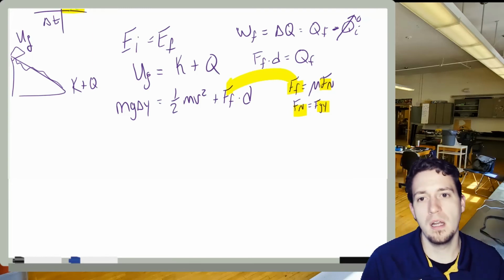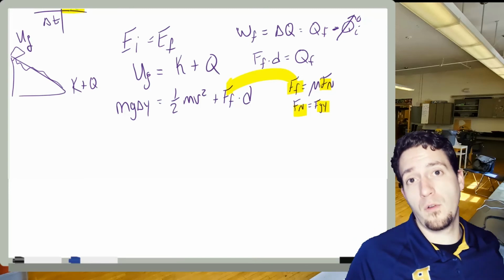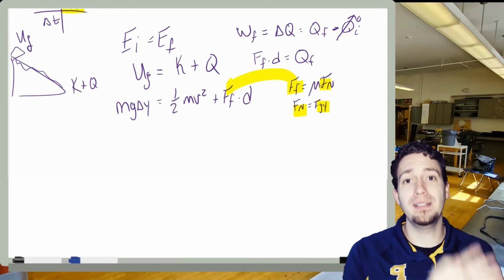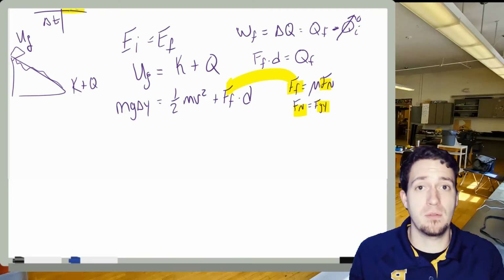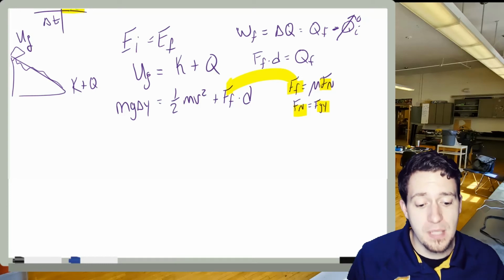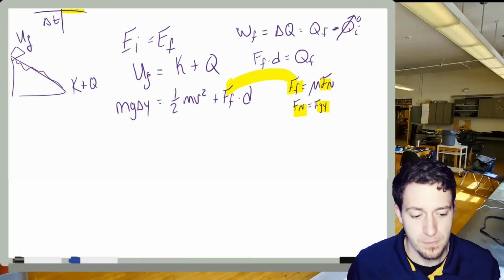So I'm still doing a little bit of work, but the rest of it saves me. So I still have to do the same amount of work for friction. That's not changing. But why? What's the benefit of this? Instead of doing dynamics and kinematics, right? So forces and the kinematics, I can just do EI = EF. Keeps everything a little compact and a little bit easier for me to do.